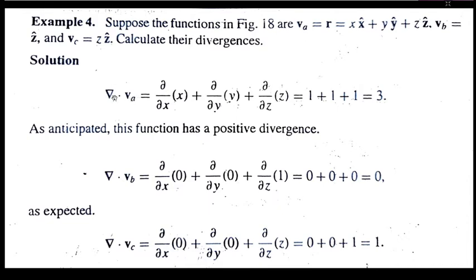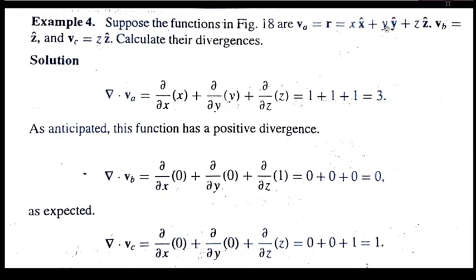If we want the divergence of Va, it is del dot Va, so the partial derivative with x; here it is the x component, so I took its partial derivative. The x cap component, that is the vector component, is x. So del by del x of x, x cap dot x cap, is equal to 1. If you are not going to write it out, that is fine. X cap multiplying with y cap and z cap vanishes, so I am not mentioning it here.